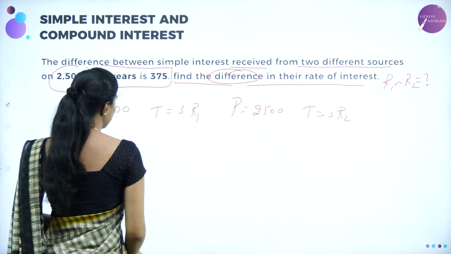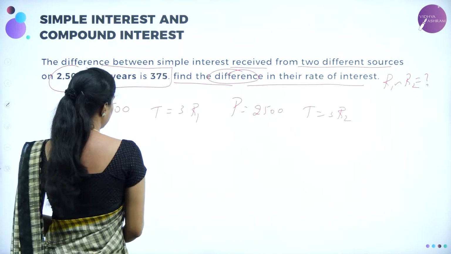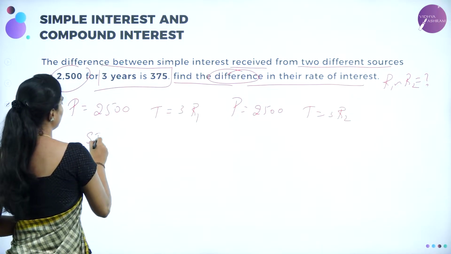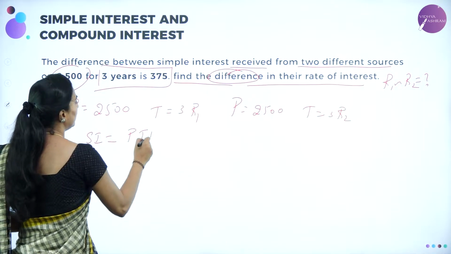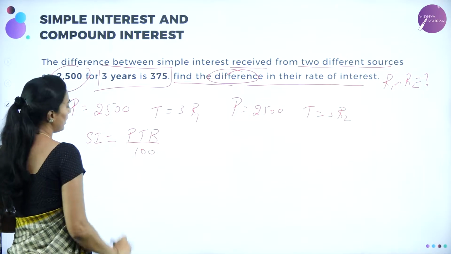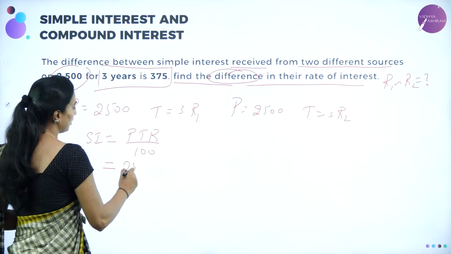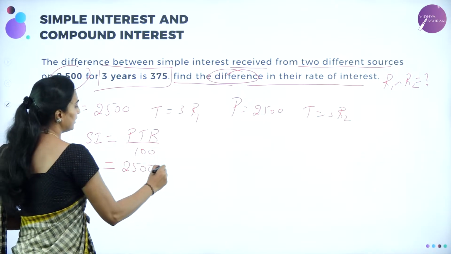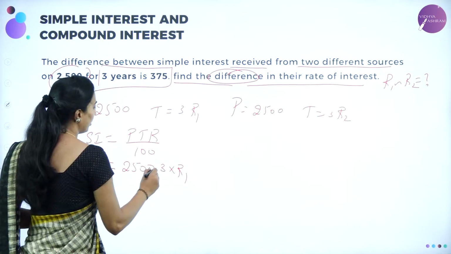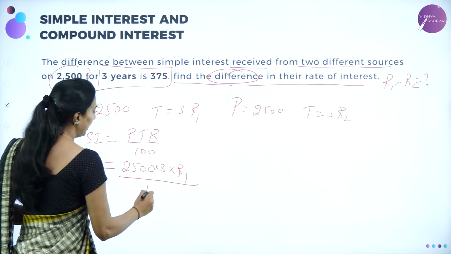The simple interest they have asked here will be SI = PTR divided by 100. So SI = PTR means P = 2500 and T is nothing but 3, into R1, divided by 100.